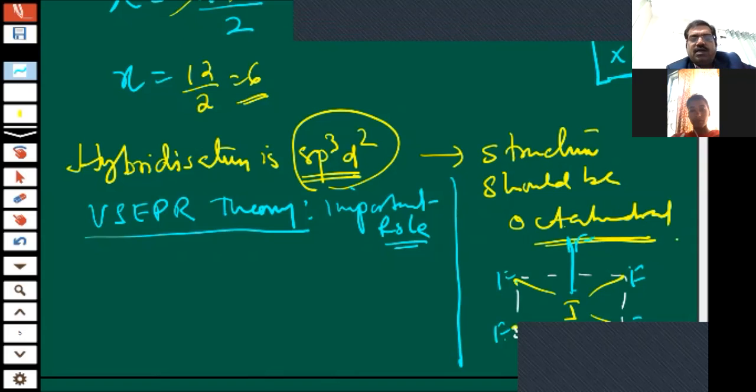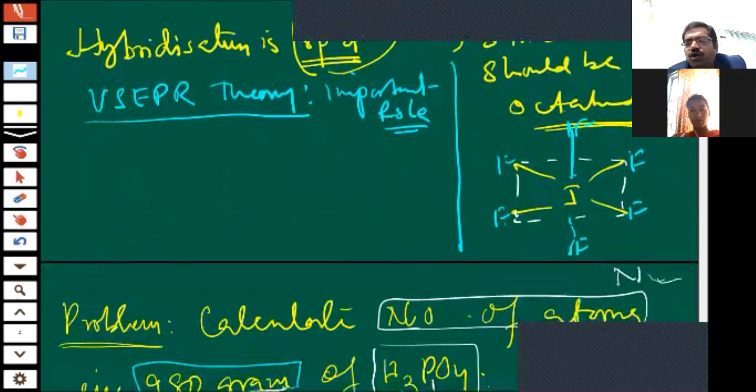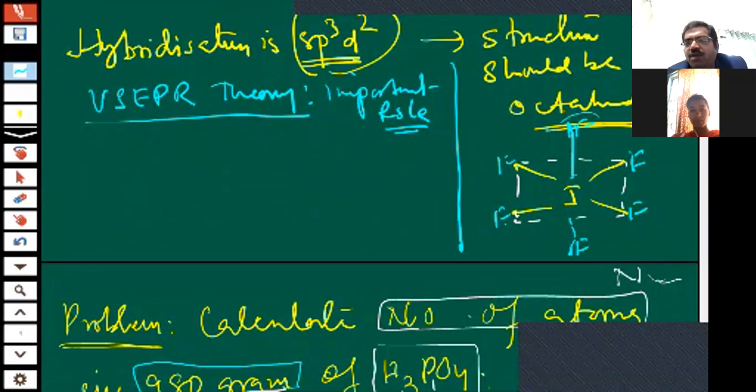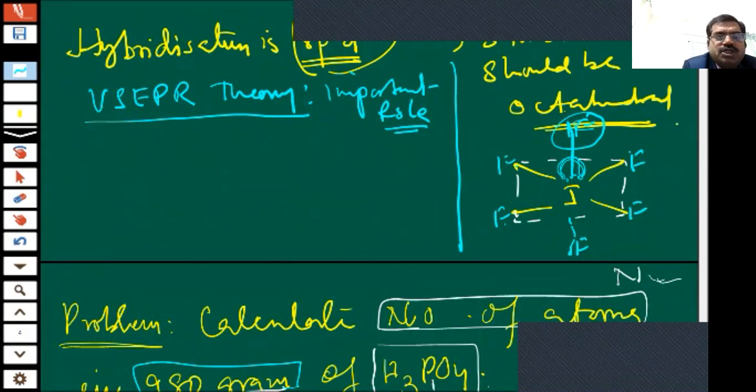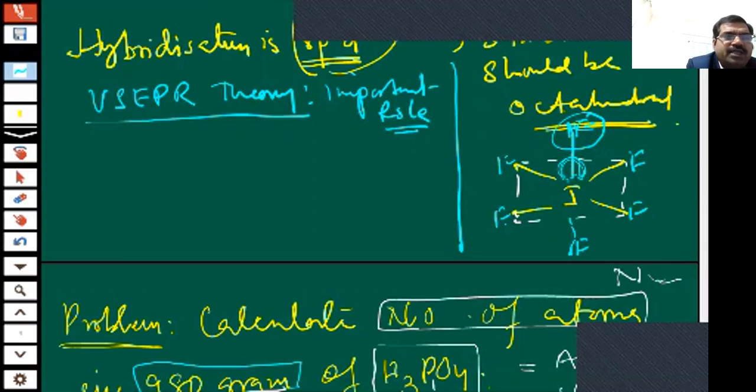What I was telling is that now we have to develop one lone pair, because one fluorine atom is missing. In this original shape, we will remove this one and make one lone pair over there. So the shape will be like this.